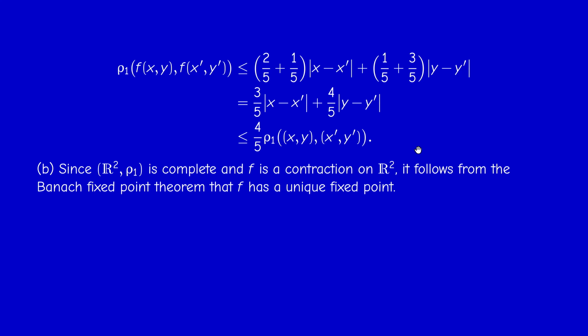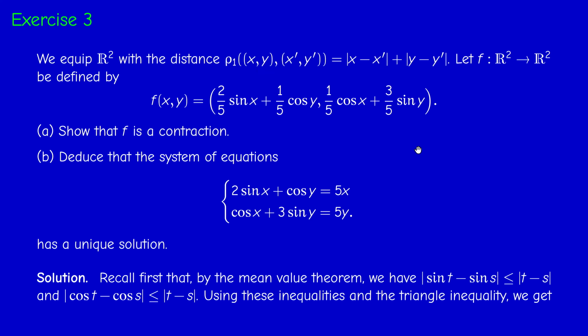Okay, so what do we have? We have a contraction from R2 to itself, and R2 is complete with this distance ρ1. So f maps R2 into itself and we can apply the Banach fixed point theorem. According to the Banach fixed point theorem, f has a unique fixed point. We can call it (x0, y0). Now, what is the relation with the system?